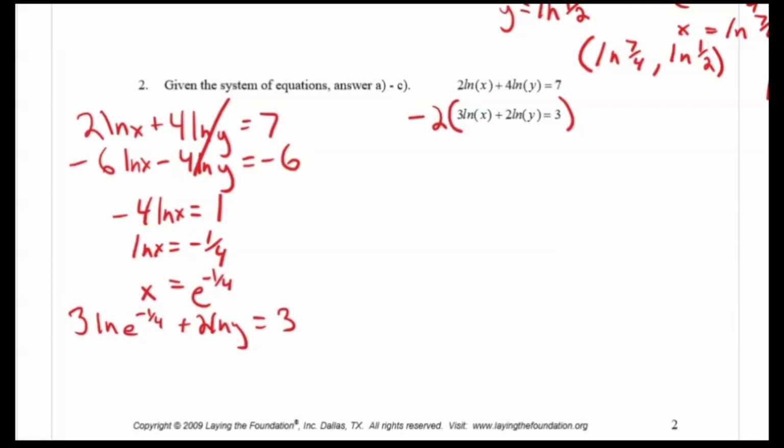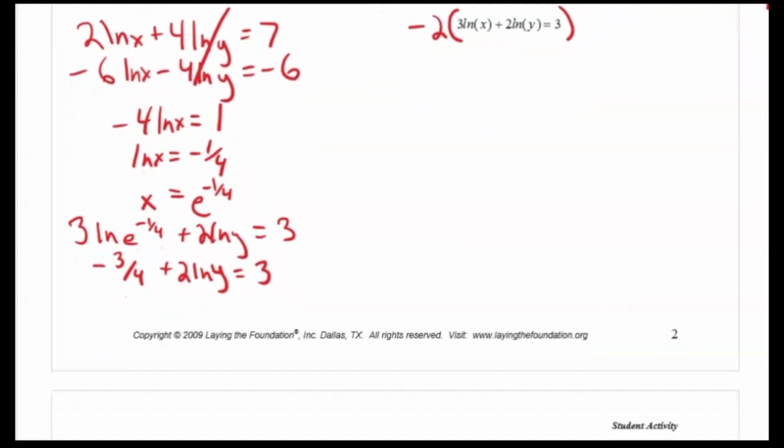The ln and the e will cancel each other out, and so that'll just leave us with 3 times the -1/4, which is -3/4, plus 2 ln of y equals 3. And then we would need to bring the 3/4 over, and that will leave us with 2 ln of y. This is 12/4 plus the 3/4 is 15/4. And when you divide by 2 or multiply 1/2, you get ln of y equals 15/8.